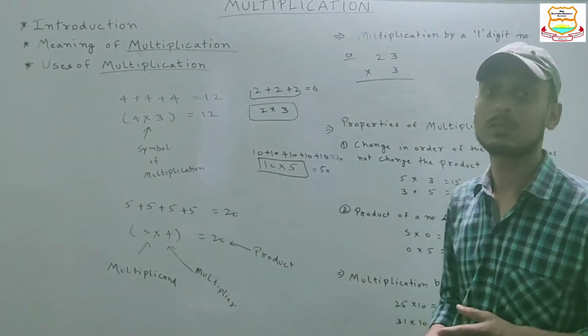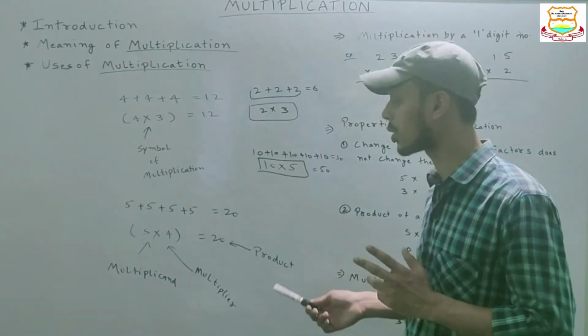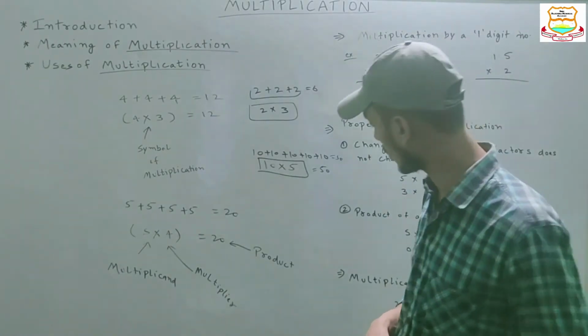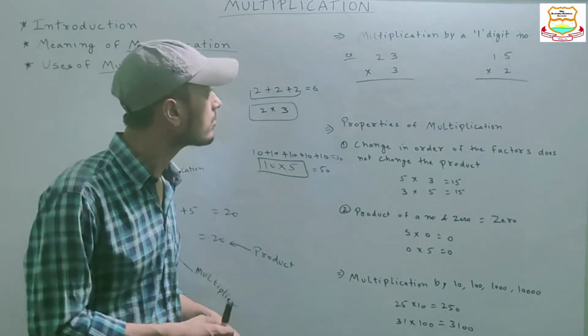And the answer, the result which we get after multiplication, is called the product. Got it? Okay, I hope you all are understanding it.